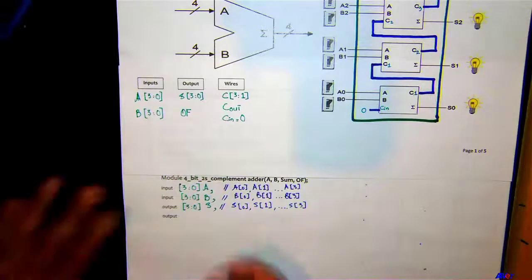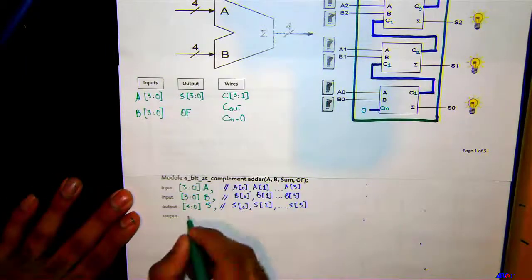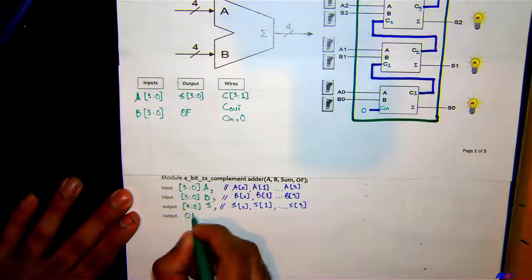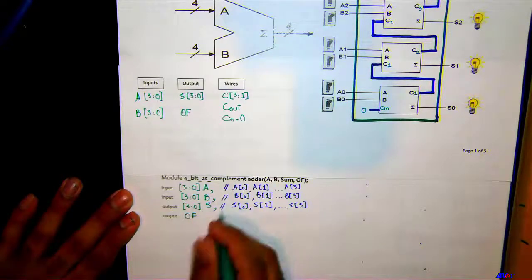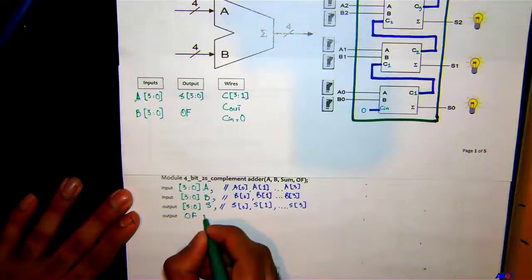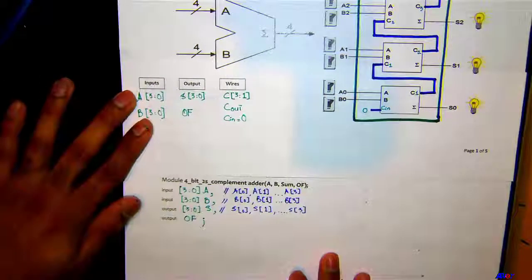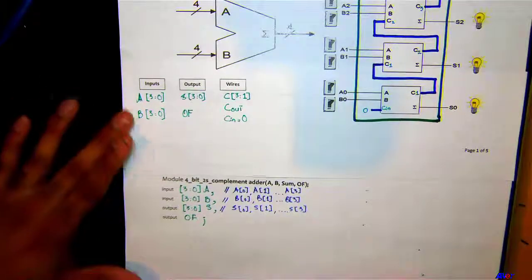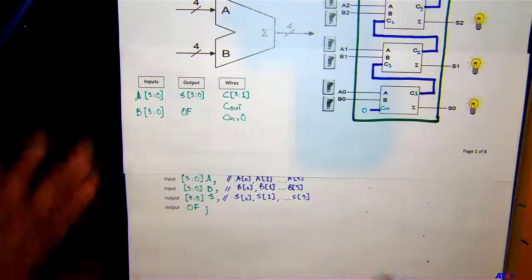And then we got the overflow, for which I am using OF, and that is all these set of inputs and outputs. Okay, all right.